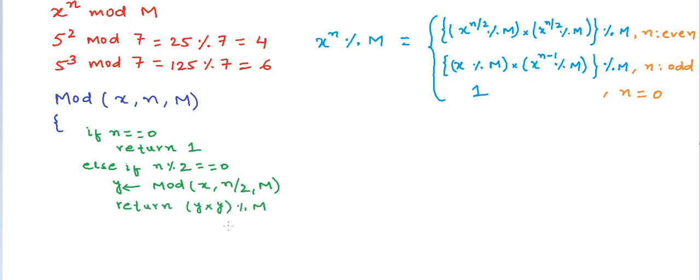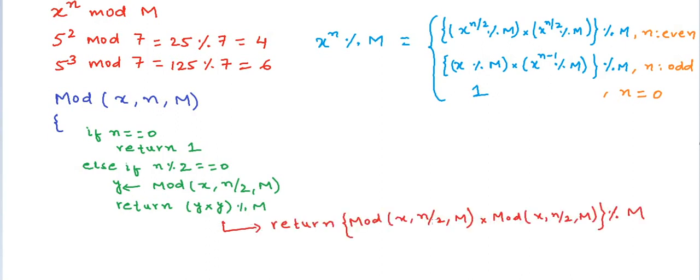Instead, we could have written return mod of x, n by 2, m into mod of x, n by 2, m overall mod m. But in this case, we would unnecessarily make two recursive calls and calculate the same value twice, which is very bad. So we calculate it once and store it in a variable, and then return y into y modulo m.